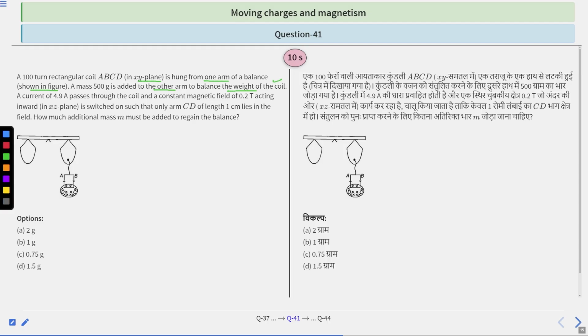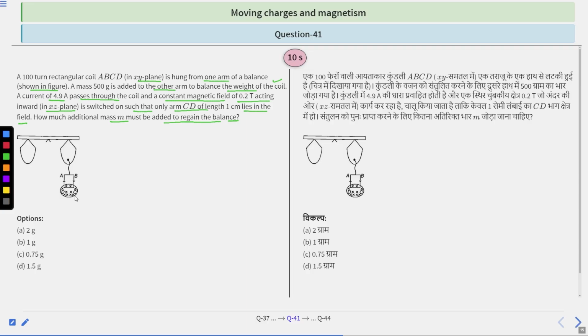A current of 4.9 ampere passes through the coil and a constant magnetic field of 0.2 Tesla acting inward in the XZ plane is switched on such that only arm CD of length 1 centimeter lies in the field. How much additional mass M must be added to regain the balance? The given options are: option A is 2 gram, option B 1 gram, option C 0.75 gram, and option D 1.5 gram.